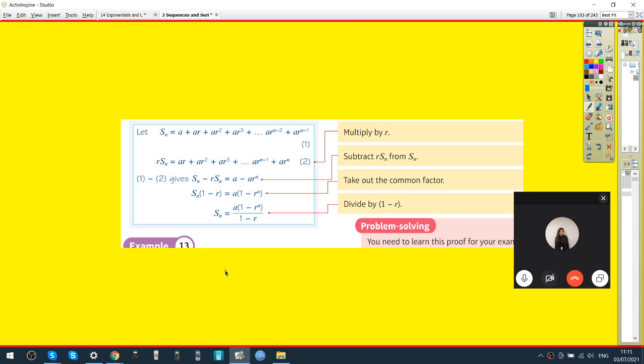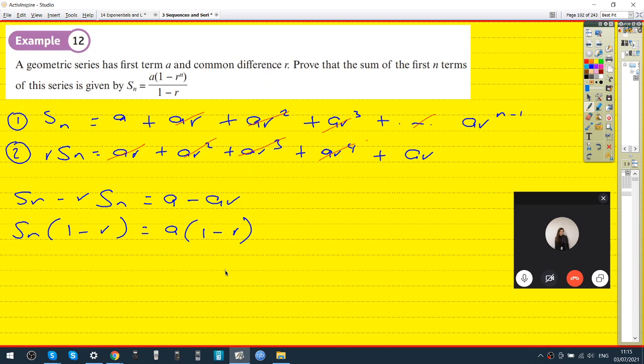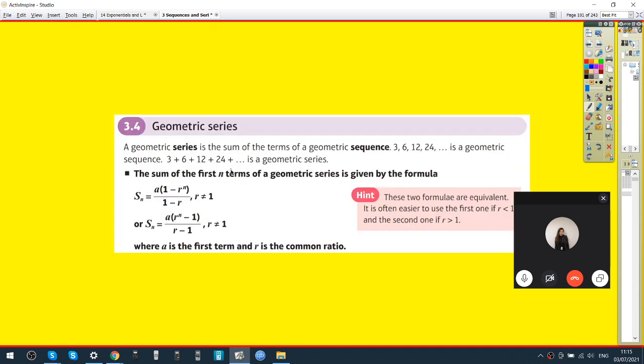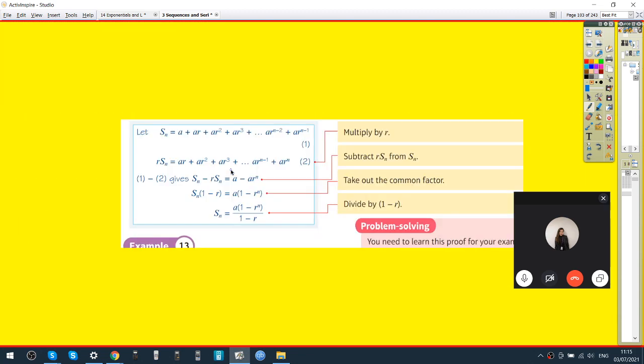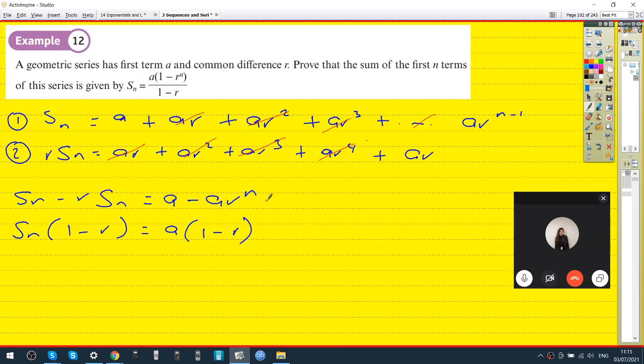That shouldn't happen. Hang on, did I do that wrong? ar to the n, sorry. That's dot dot dot ar to the n. Yes, that's it. So that's r to the n.